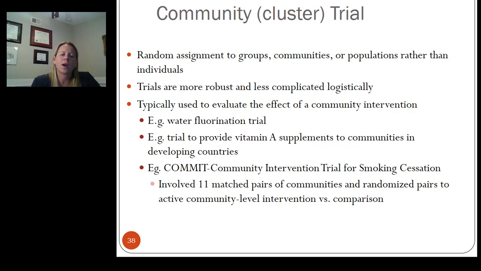Another example would be a trial to provide vitamin A supplements to communities in developing countries. And there's another example provided here of the COMMIT trial, which was a community intervention trial to evaluate smoking cessation. And here they enrolled 11 communities into either some sort of community level intervention or a comparison group.